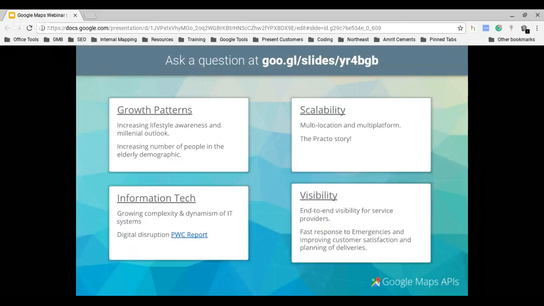Then we have information technology trying to seep into different aspects, right? The growing complexity and dynamism of IT systems have led to a digital disruption in the health tech industry as well. And during the third wave of digital transformation in the health tech industry, it would be absolutely necessary for all companies to be completely digital.